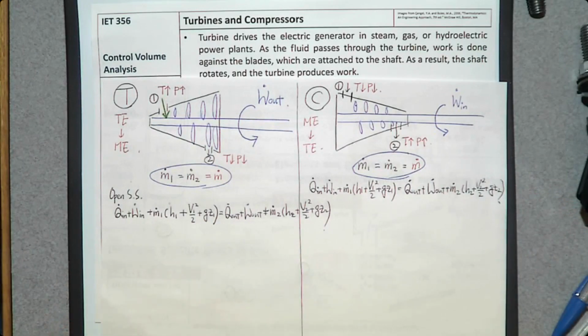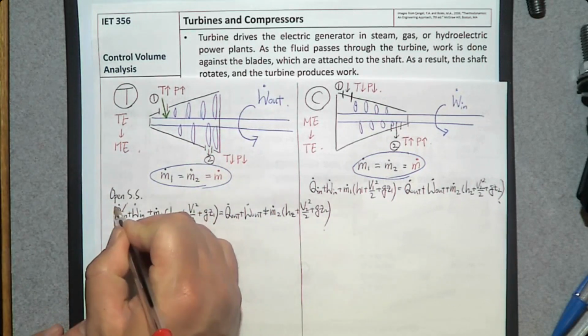Now let's evaluate each term one by one. When we run a turbine, what is the first one? Do we heat a turbine? No. Why would we heat a turbine? Do you want to consume more energy?